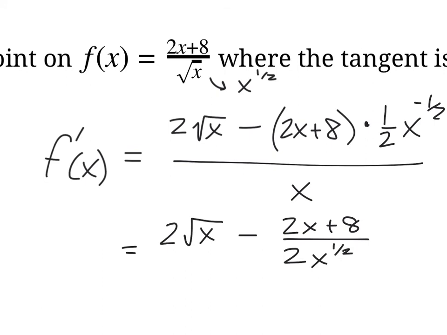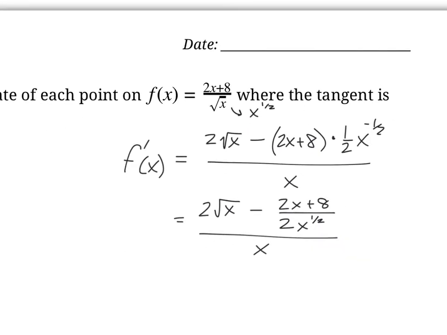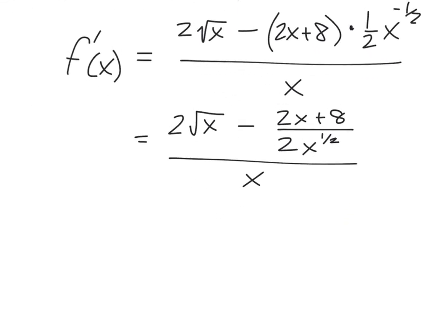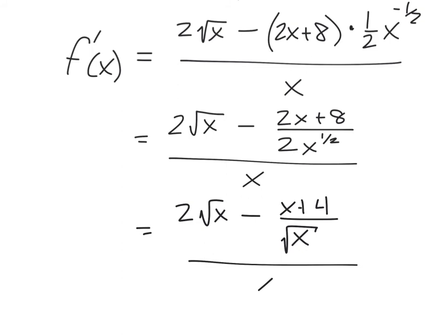So it sort of looks like that, right? And this is all over x. Okay? We can simplify it further. I want to basically combine those two fractions in the numerator. But before I do that, actually I can simplify that a little bit more. Minus x plus 4. I can cancel out that 2, right? And I'm actually just going to make this root x again over x.